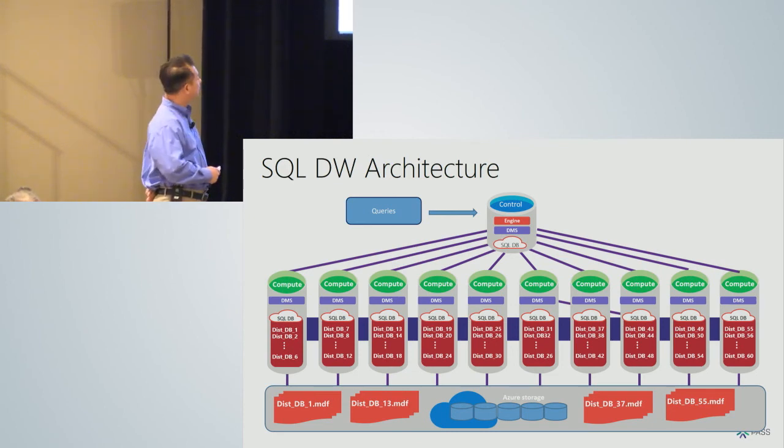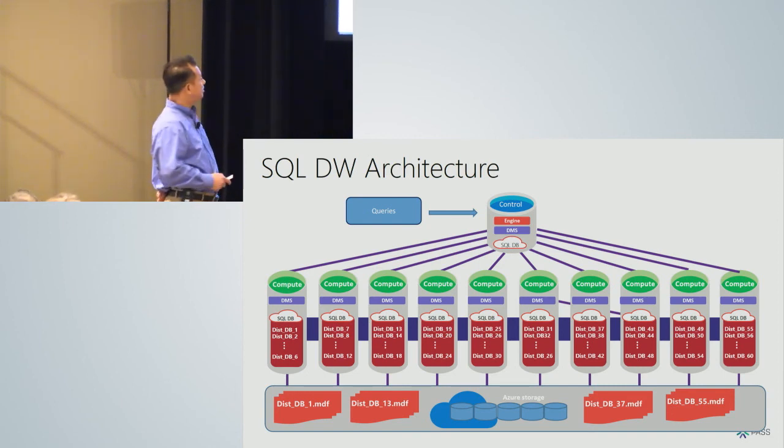The compute node goes out and carves its own slice of data, does its own work. If the result set has no aggregation, it can stream directly to the client. If there's any type of final aggregation that needs to be done, it goes back to the control node and then back to the client.